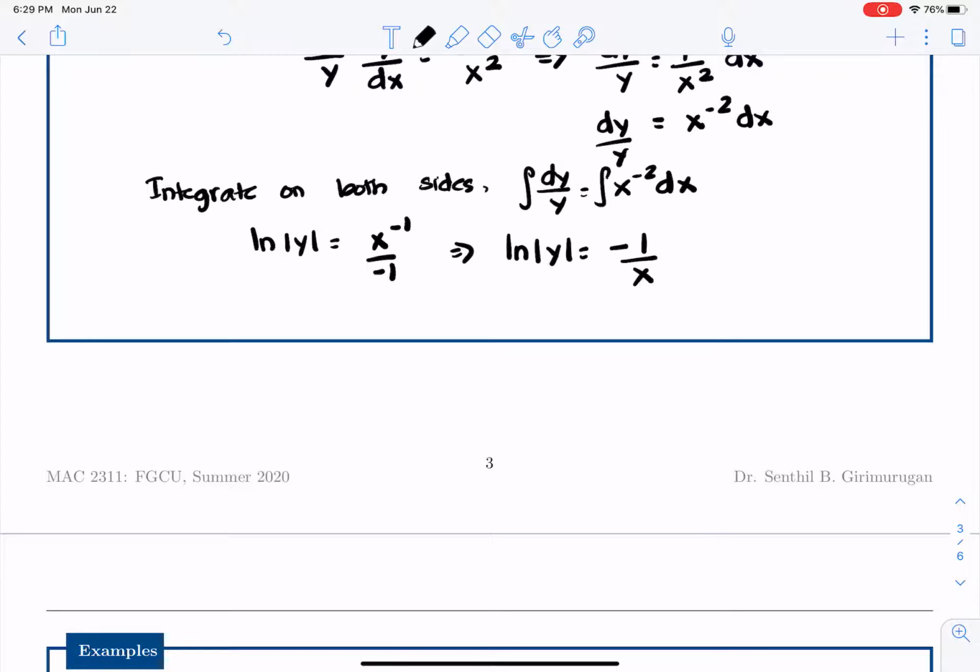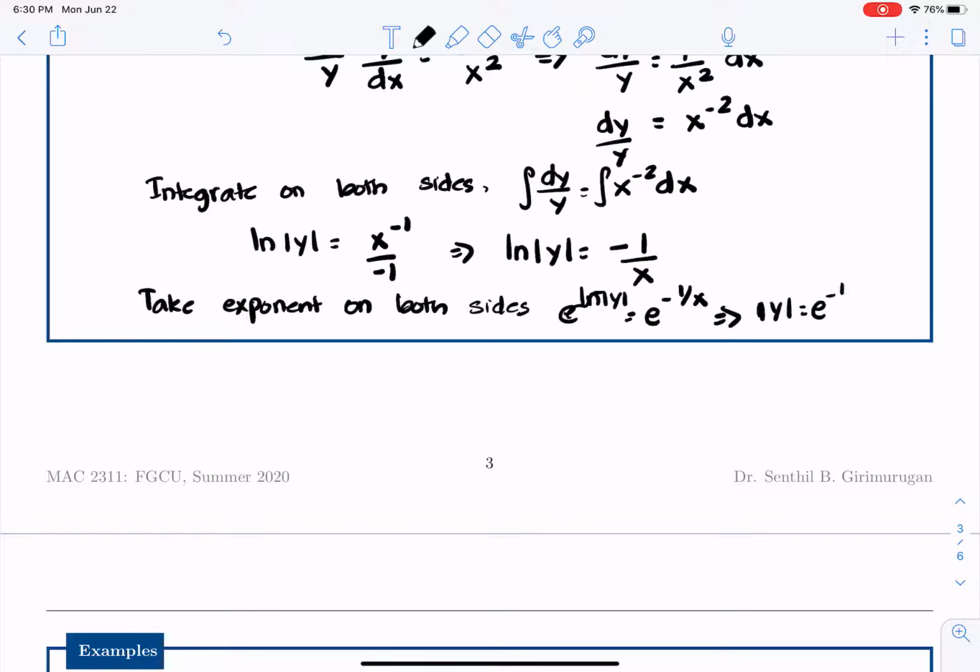We can exponentiate on both sides, which would mean e raised ln absolute value of y would equal e raised negative 1 over x. The ln and the e would go away, so y is equal to e raised negative 1 over x plus c. The absolute value is not necessary here because the exponential function is going to give us a positive number.